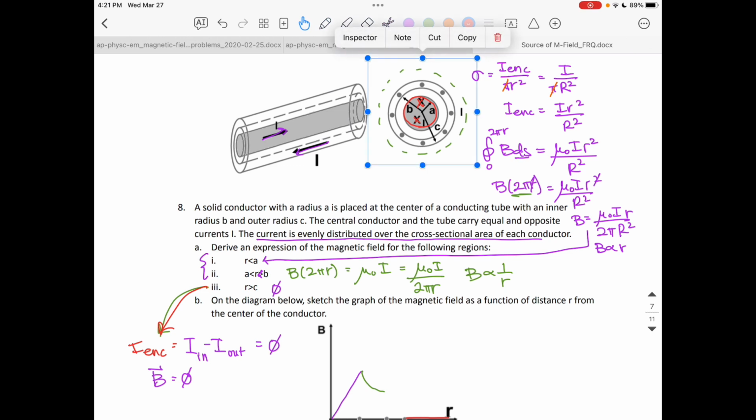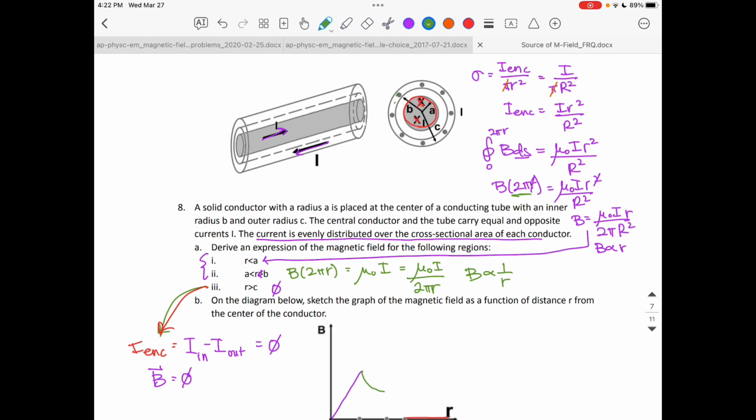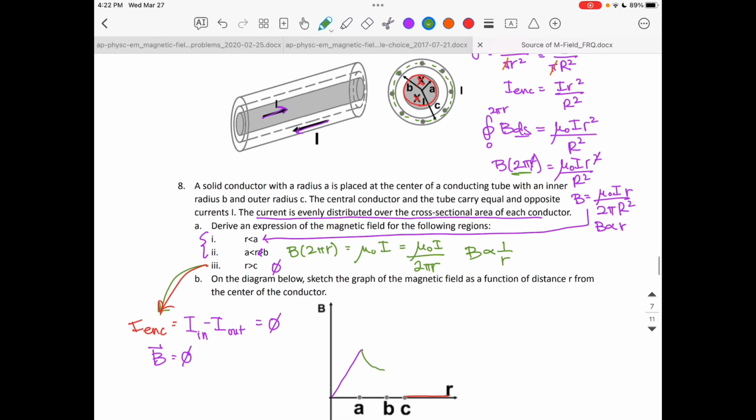So if I were to take my Amperian loop somewhere here in the center, and that's going to have a radius of r, I need to figure out my I enclosed. So I'm going to do when r is greater than b but less than c.